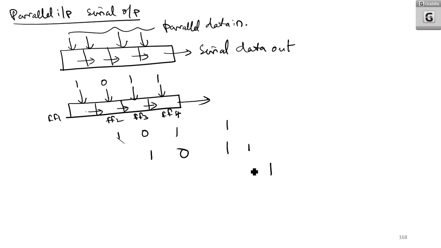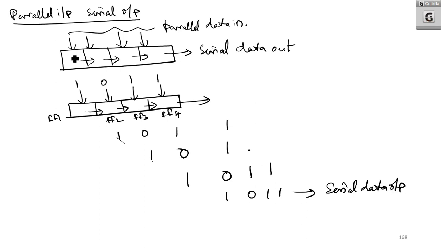One is already coming in, now 0 will be taken out, and this one will be shifted to the last flip-flop. And in the fourth clock pulse, this one is fed out from here, so we will get 1 0 1 1. So this is the serial data which is coming as output.